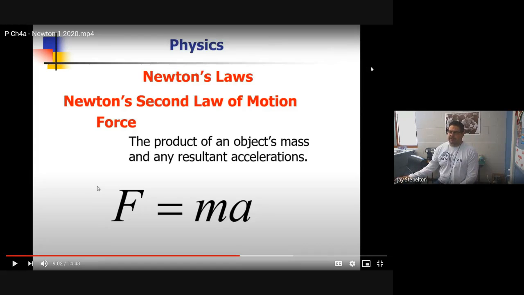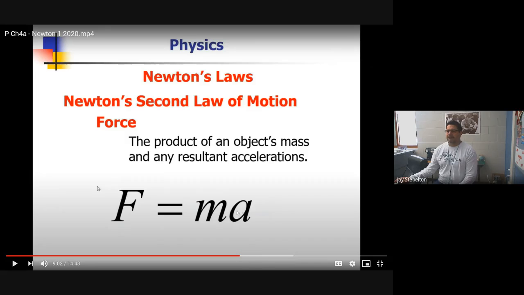But I do just want to talk about real quickly, and again, most of you are in the higher level math class, I think it's algebra 2. The first couple problems you'll solve just for force, which is just finding the givens for mass and the givens for acceleration and multiplying them. But if it asks you to solve for M or A, remember to do the opposite of what's already happening. If you're going to solve for M, you want to get M alone.